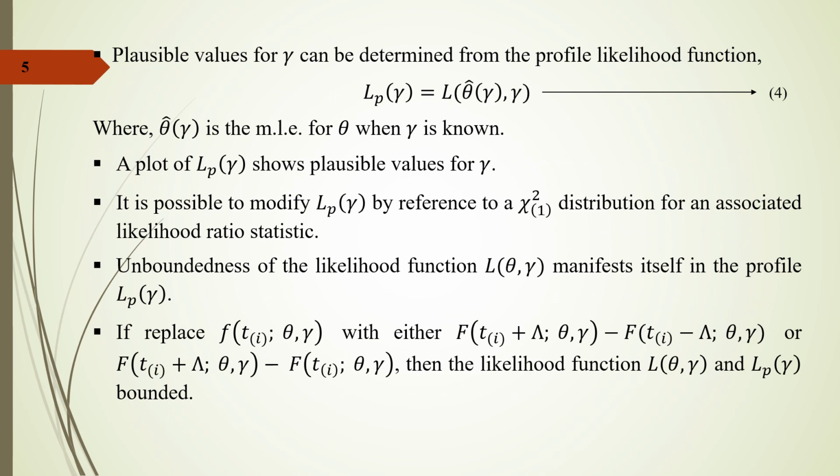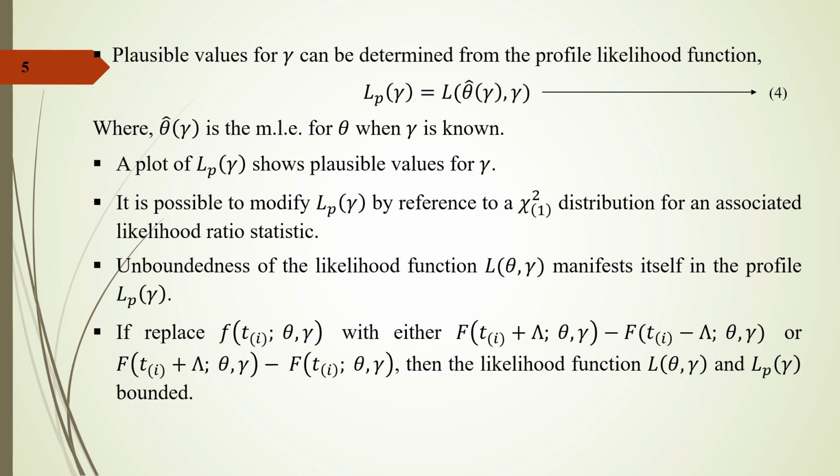The plausible values, that is, the trustable values for gamma can be determined from the profile likelihood function given in equation 4. Here, theta cap of gamma is the maximum likelihood estimate of theta when gamma is known. A plot of the profile likelihood function shows plausible values for gamma. It is possible to calibrate the profile likelihood function by reference to a chi-square distribution with 1 degree of freedom for an associated likelihood ratio statistic.